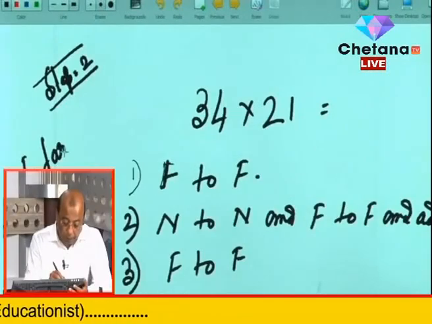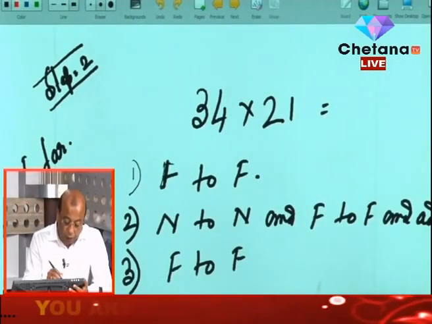And number 3, F to F. Right. Here, F equals far, N equals near.